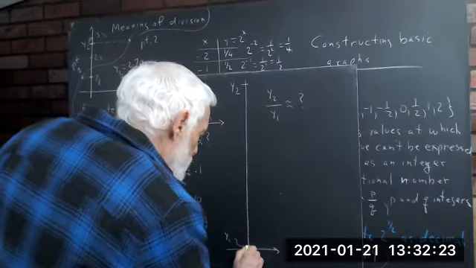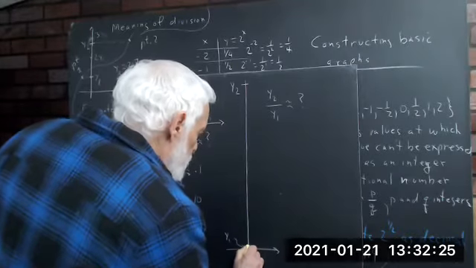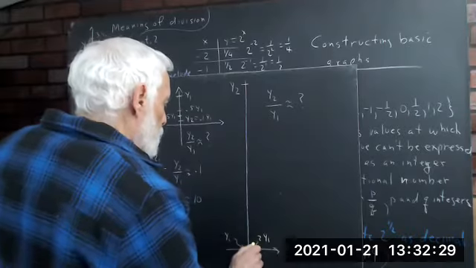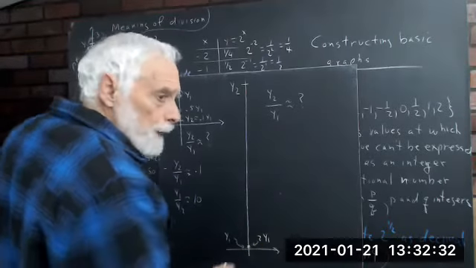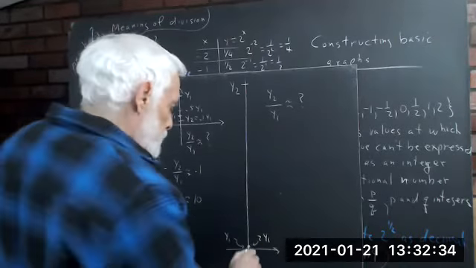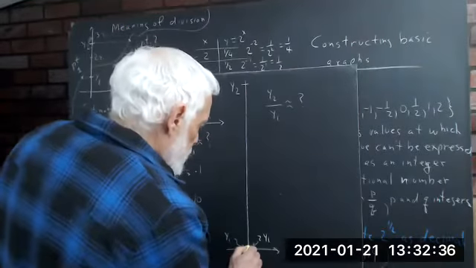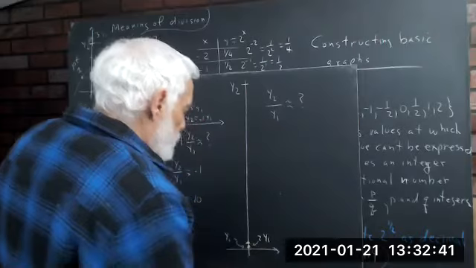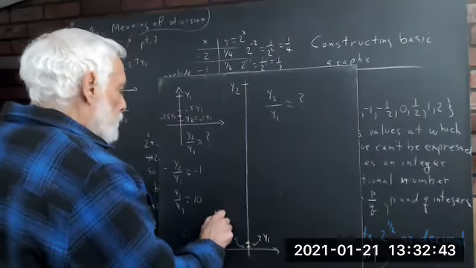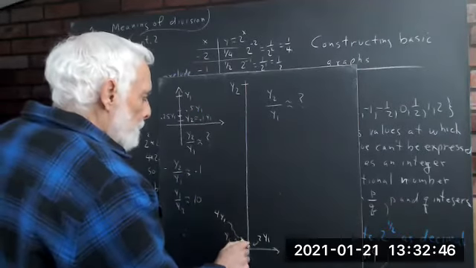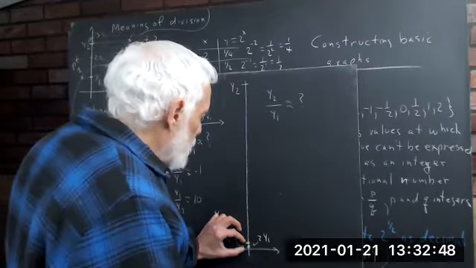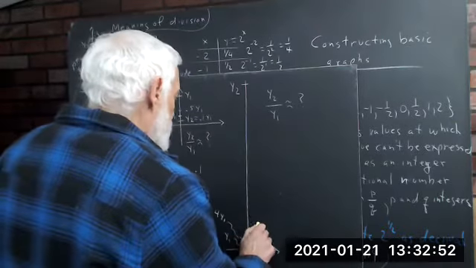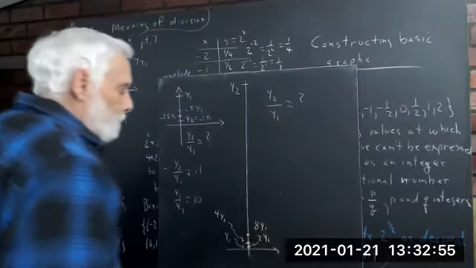So I'm thinking that this would be 2y1. And then if I double this, it's going to be up here. So that would be 4y1. And then if I double that, 4y1 and 4y1, maybe here, it gives me 8y1.